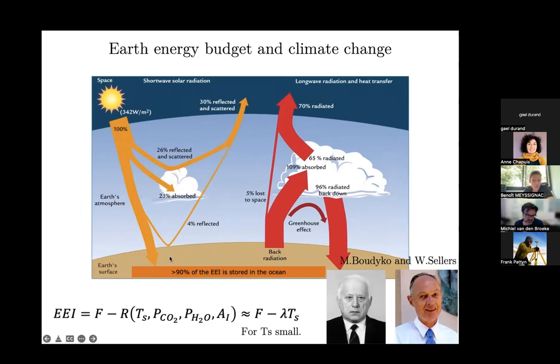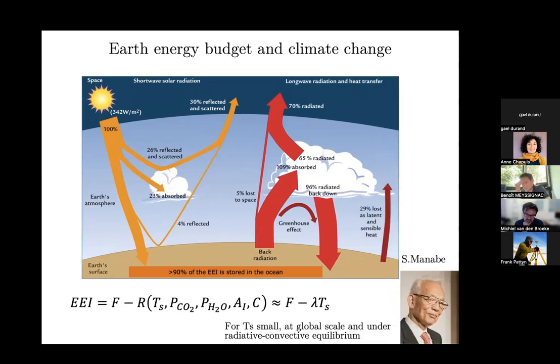But they showed at the same time that if you have small changes in surface temperature of a few degrees, you could linearize the radiative response of the Earth, and you could synthesize it by just one constant, which is the global climate feedback parameter, lambda, which you see below. And lambda, you know it very well, actually, because it's the inverse of the climate sensitivity. And that's what we want to constrain. Here you see that the Earth energy imbalance at the top of the atmosphere is equal to the forcing minus lambda Ts.